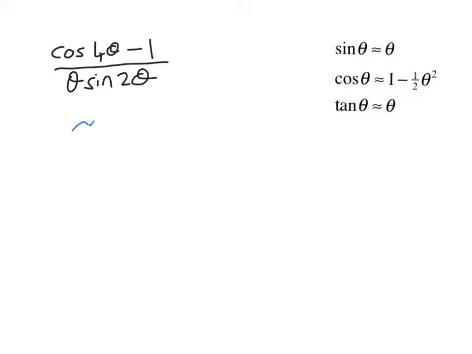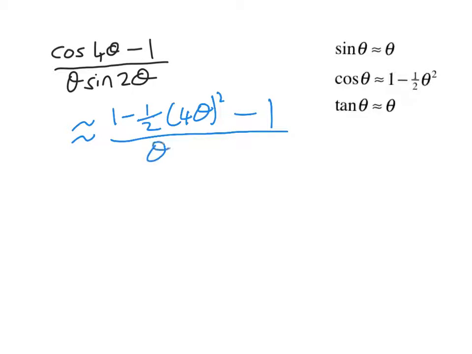So this is going to be approximately 1 minus a half of 4 theta, not theta, but 4 theta squared. So there's the cos 4 theta bit. Then we minus 1 at the end. All over, well, sine 2 theta is just going to be 2 theta.